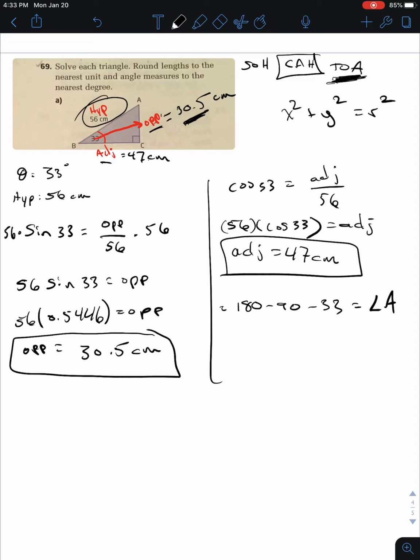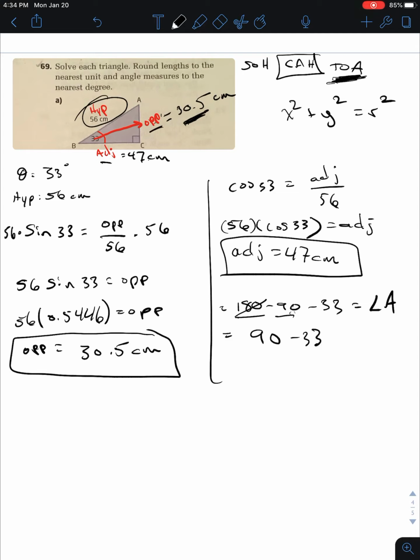Now, you can do this. A lot of kids like typing this in, but I like saving kids time. What's 180 minus 90? 90. So you don't even need to type this in. Because if you subtract 90 from 180, you're going to end up at 90.